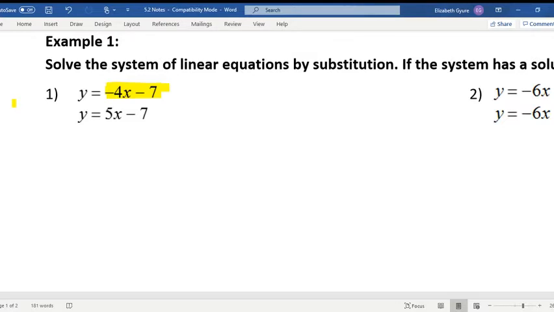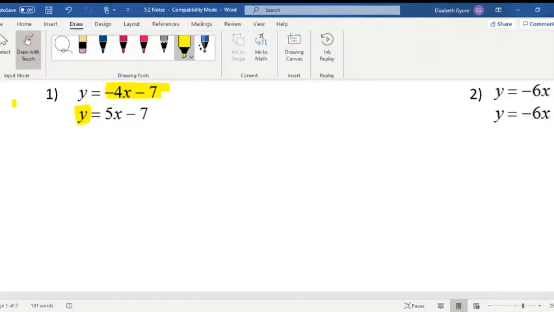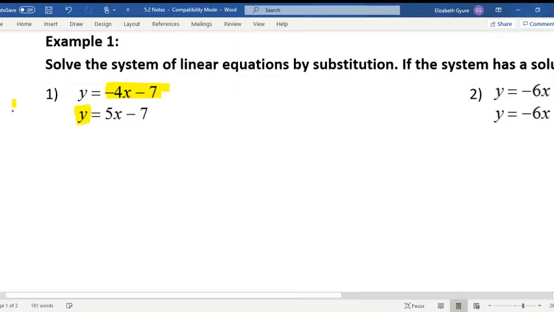Don't they both equal y? Right? So here's what we're going to do. We have y equals this. Well, down here, don't we have a y on the left? What we're going to do is take -4x minus 7, and substitute it in for y on the other side here.